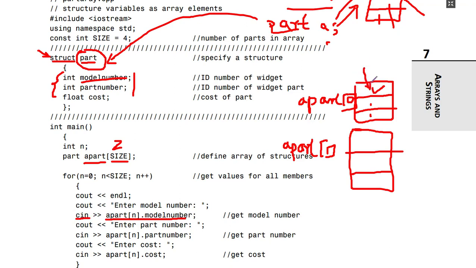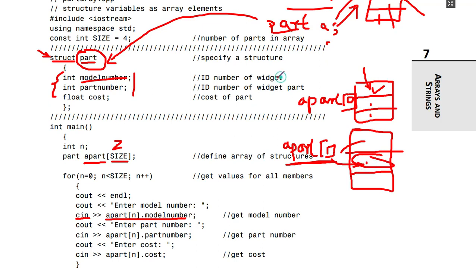You say a part 1, which means this element, and inside this element we want to refer to the part number, so a part 1 dot part number simply refers to this point. If you say this equals some number, it would be saved over this location.